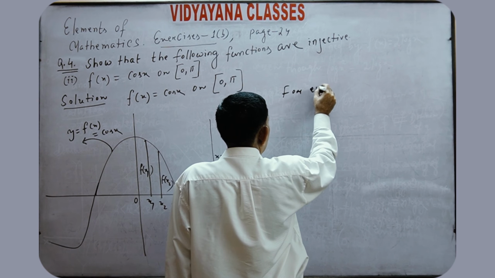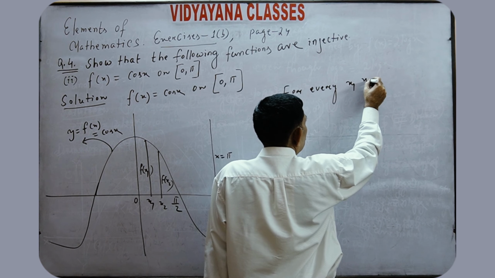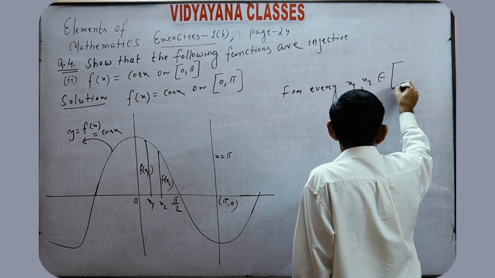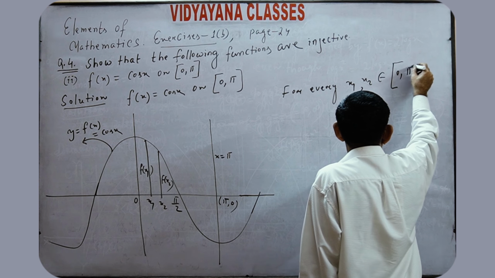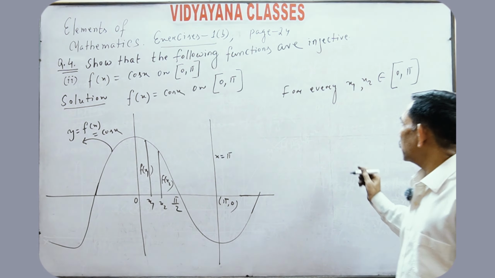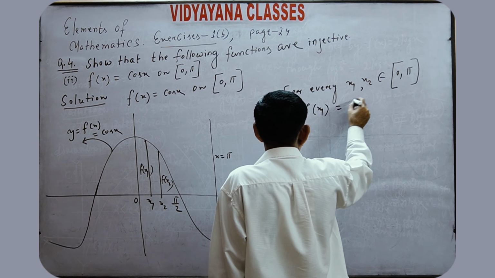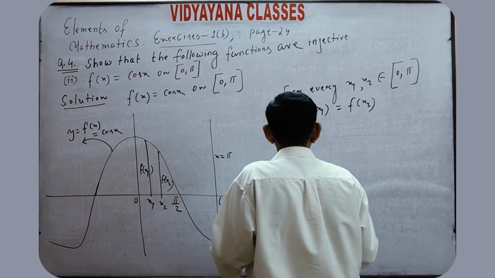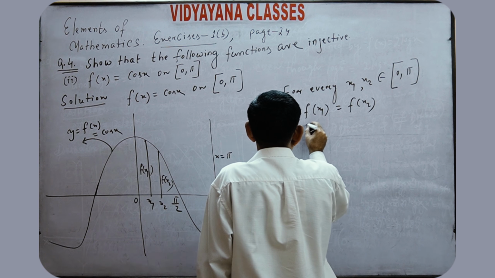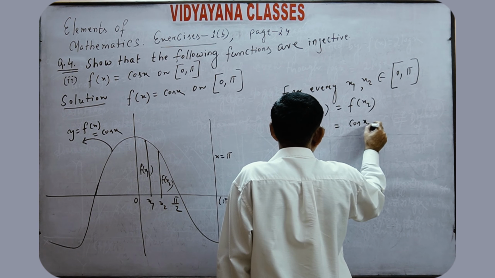For every x1, x2 belongs to the domain of f, that is [0, π], f(x1) is equal to f(x2), which implies cos x1 is equal to cos x2.